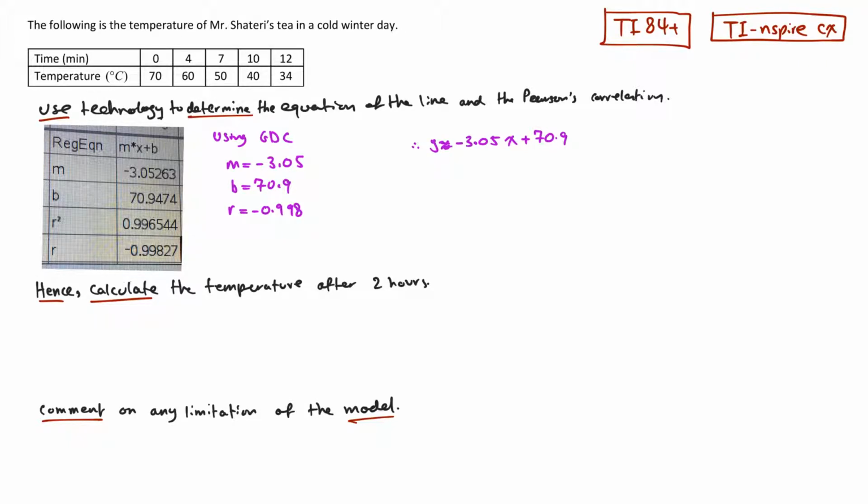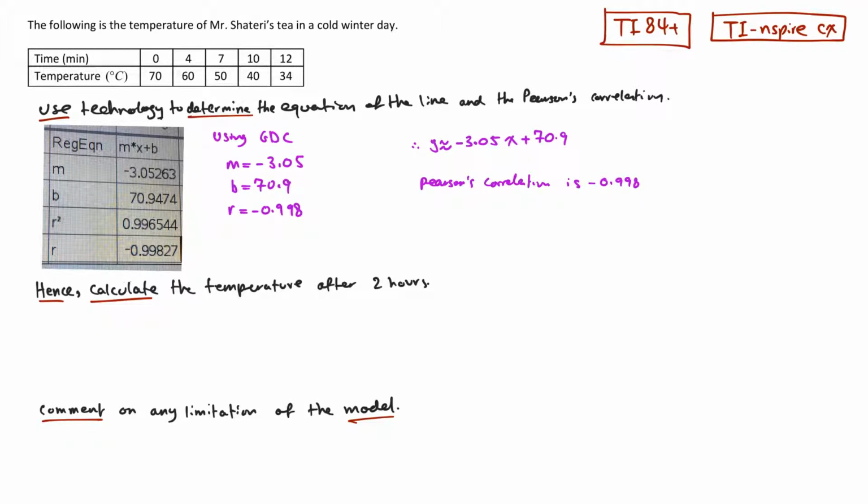So y is approximately negative 3.05x plus 70.9. And the Pearson's correlation is negative 0.998.